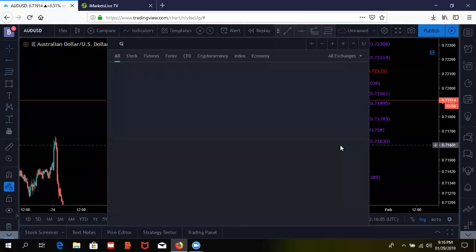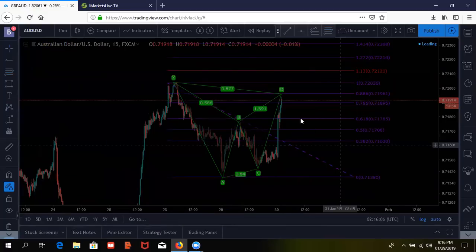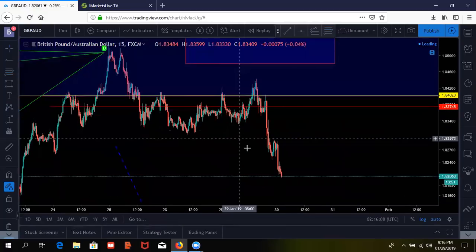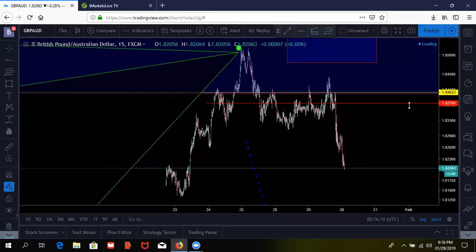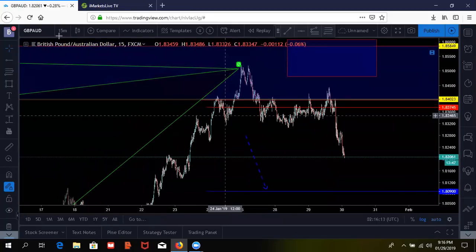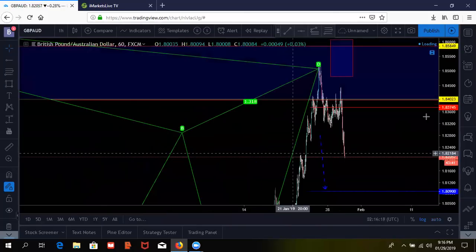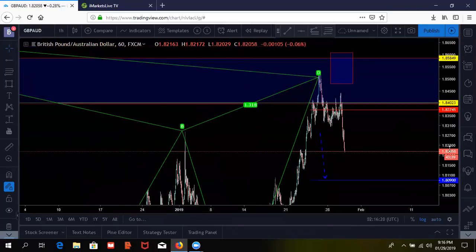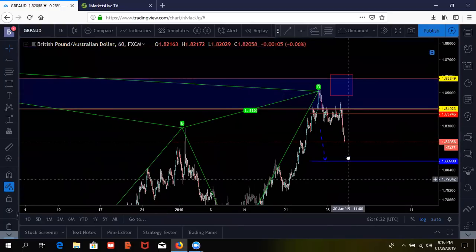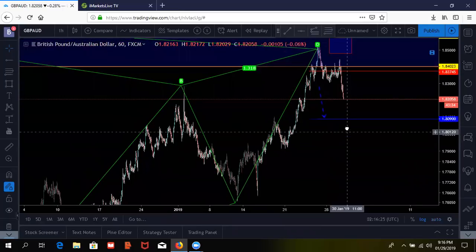What I'm showing you guys right now is the same thing that happened to me last week on GbpAud. On GbpAud, I don't know if any of you guys remember, but it was on the hour chart.